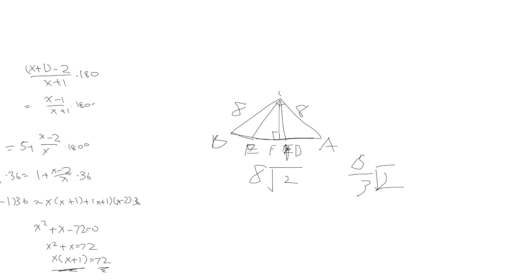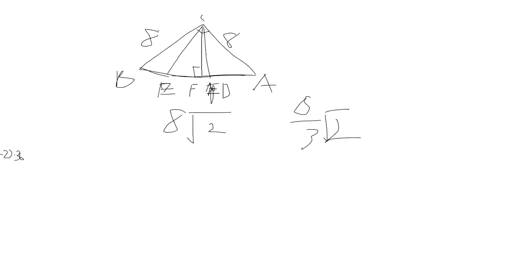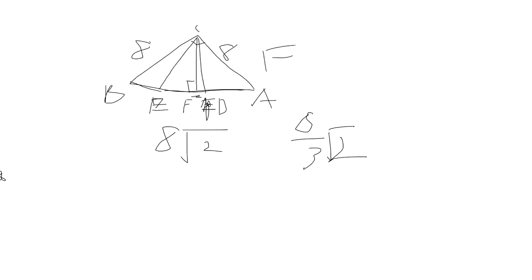Oh, okay. So basically, if I draw this correctly, EF is supposed to be equal to FD because it's the altitude and it's an isosceles triangle. So basically, FD will be 4 over 3 root 2. So we can get CF in triangle ACF.